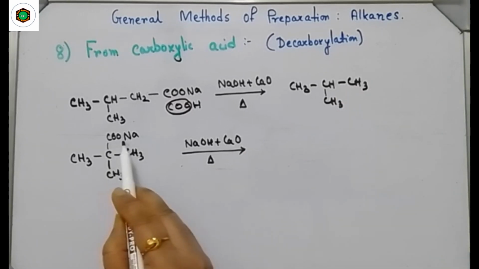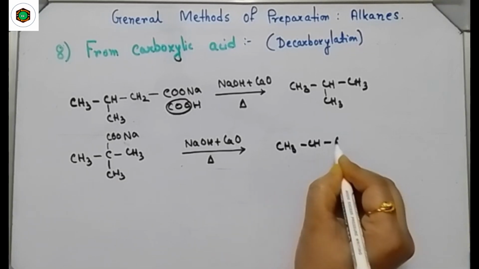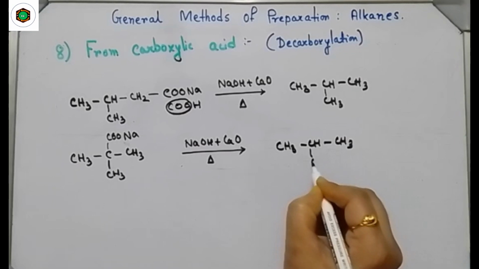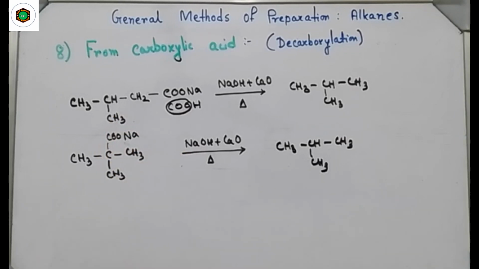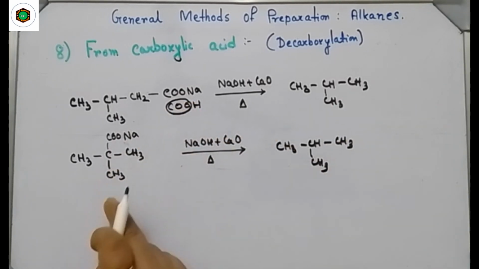And here also you think about COOH, removal of carbon dioxide will give the same compound. So here starting acids, or sodium salt of acids, are different, but here you are getting isobutane. So to get isobutane, this acid or this acid you can take.